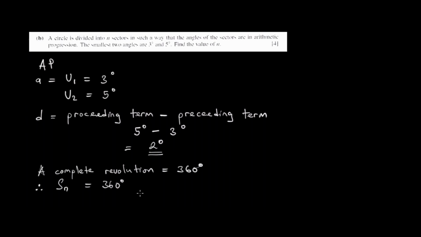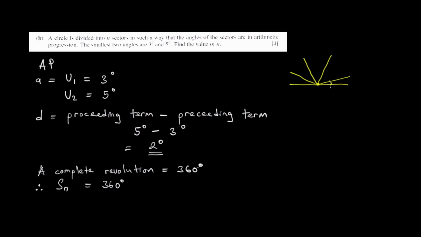So if you are given something with a property that we know to be a whole, or a completeness, it means you can actually work it out. For example, if we were given a line, we are told that the line is divided into angles in such a way that it's an arithmetic progression.